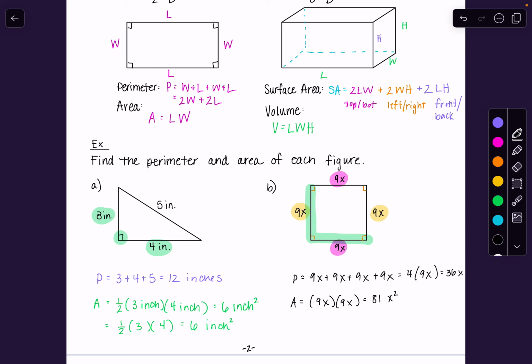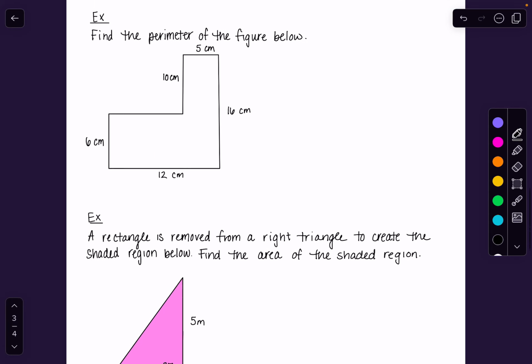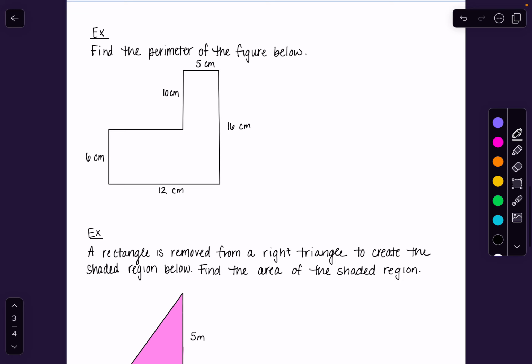Okay. All right, so let's try some more complicated ones. We want to go ahead and find the perimeter of this figure below. But if you notice something about it, we don't have every single side length, okay? So if I can figure out what this missing side length is, then I just go ahead and add all of these together, okay?